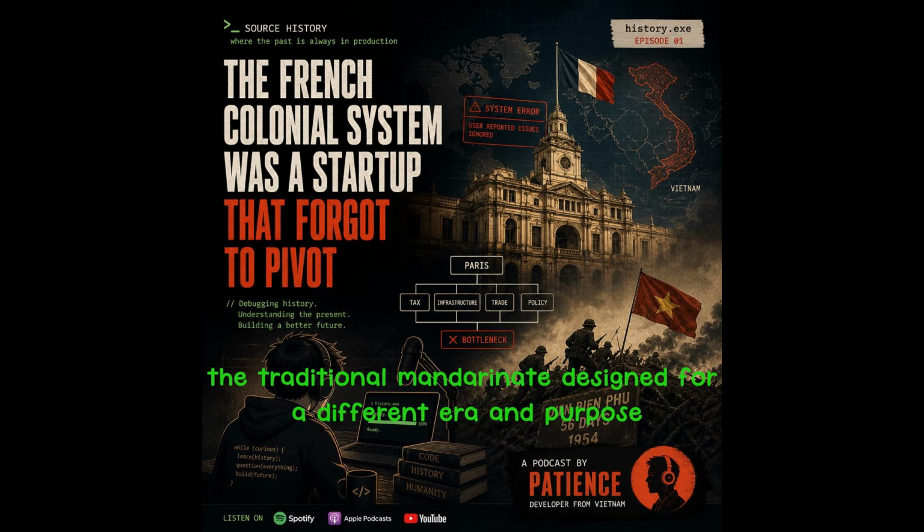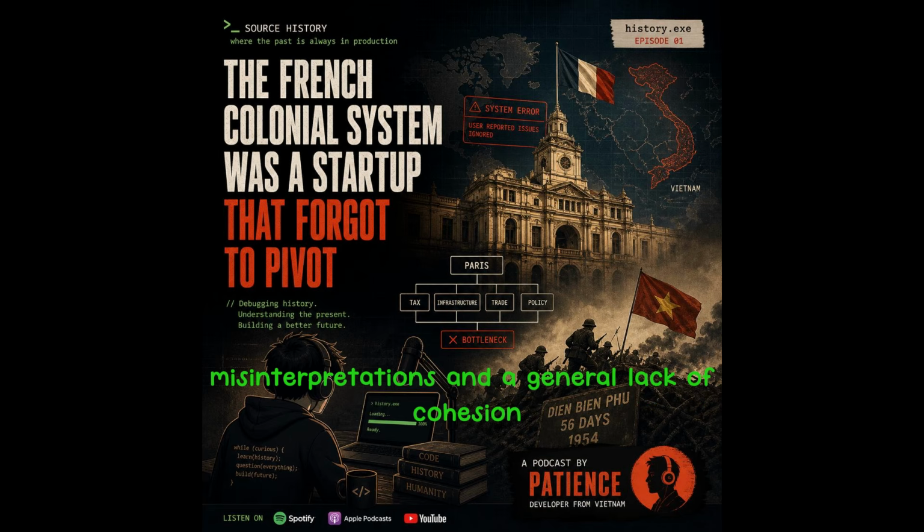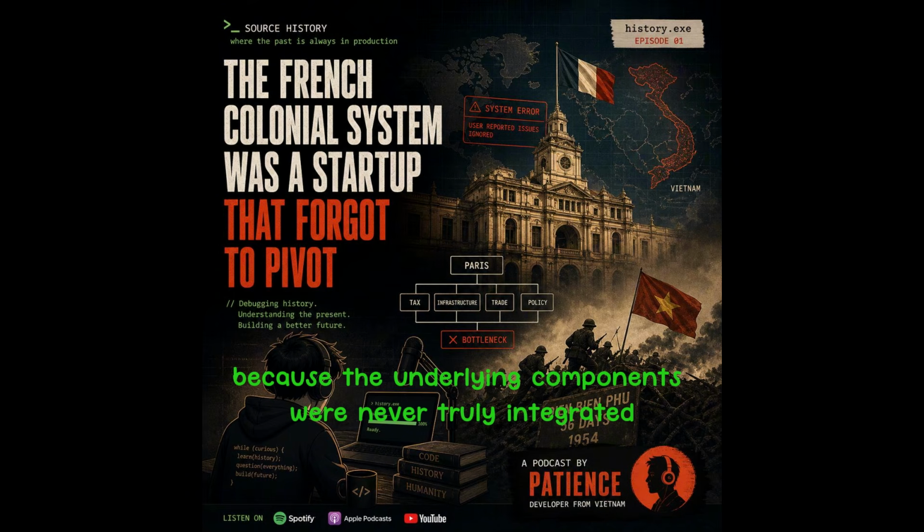The traditional Mandarinate, designed for a different era and purpose, was forced to execute French directives. The result? Constant system errors, misinterpretations, and a general lack of cohesion. It was a Frankenstein's monster of administration, prone to crashes and unexpected behaviors because the underlying components were never truly integrated.